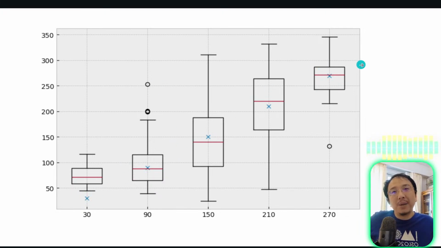And by using the mean right here, you can see that at least for the mean or the median, it is very positively correlated. So that's another good thing. The thing that we need to worry about is the range right here.